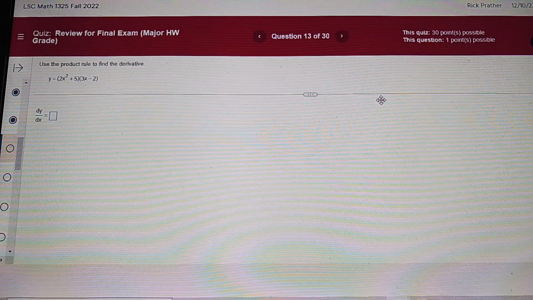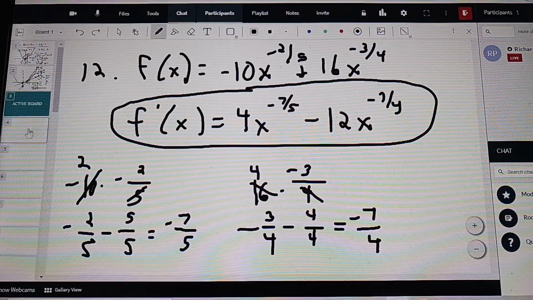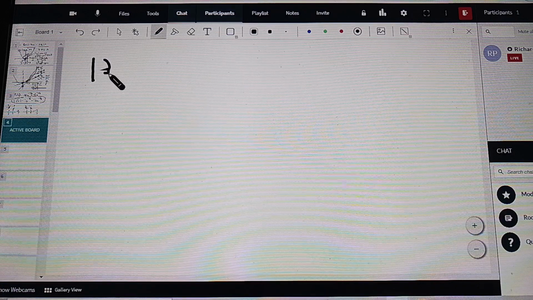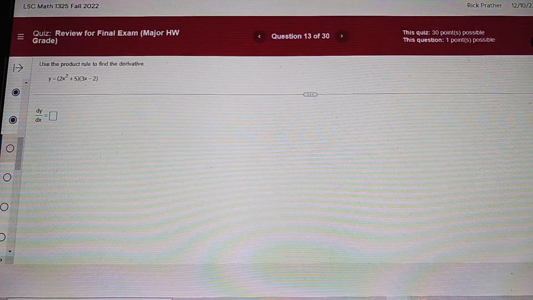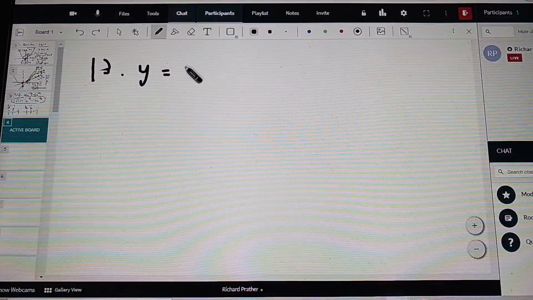The second thing we learned in the derivative chapter is the product rule when I have a function of x times another function of x. So number 13. Two x squared plus 5.